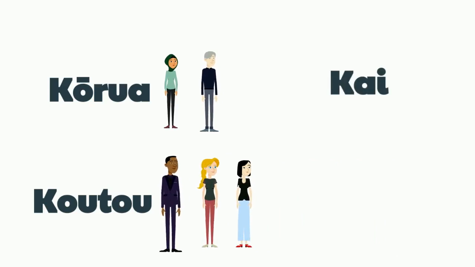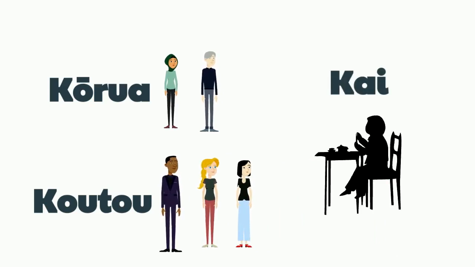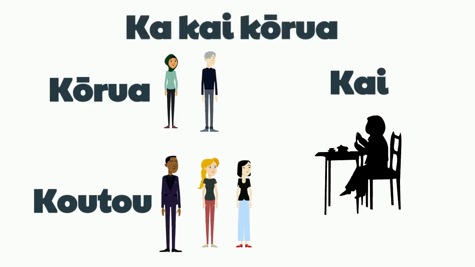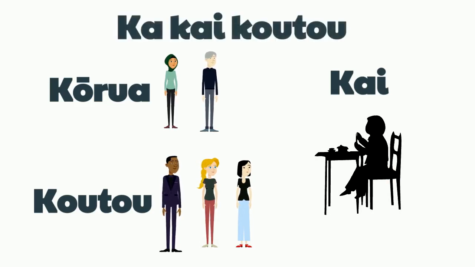Kai means eat. Ka kai kōrua. You two will eat. Ka kai koutou. All of you will eat.